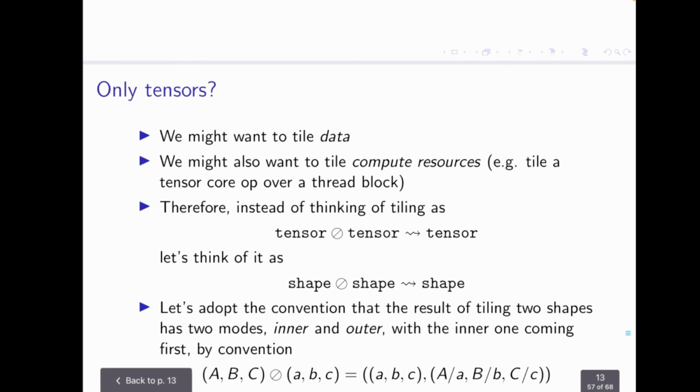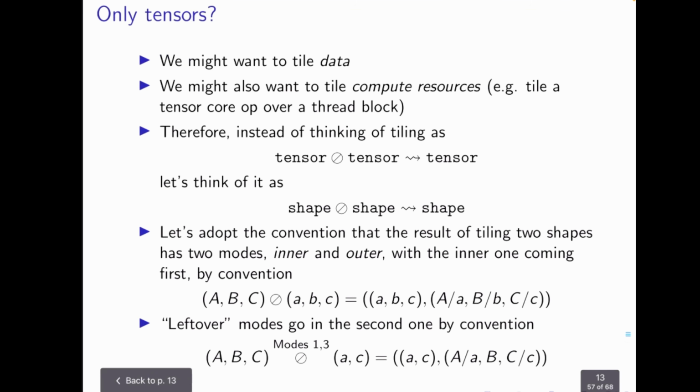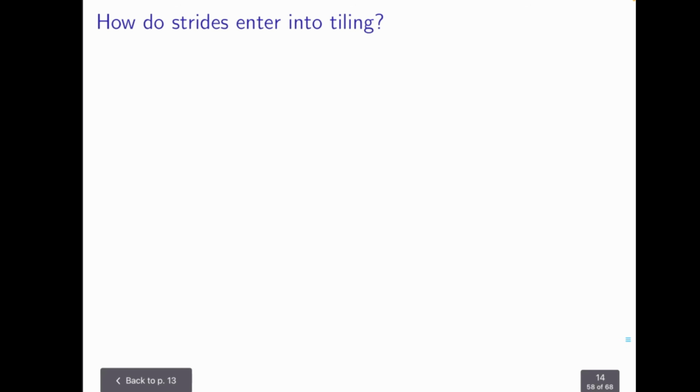Any leftover modes, modes that were not tiled at all, you could argue should go in the inner one or the outer one. I think they should go in the outer one, and the library agrees with me. So we're going to put the leftover ones in the outer part. If I'm only tiling in modes 1 and 3, the inner part, which is a subtile, goes on the left, and then the outer part on the right.